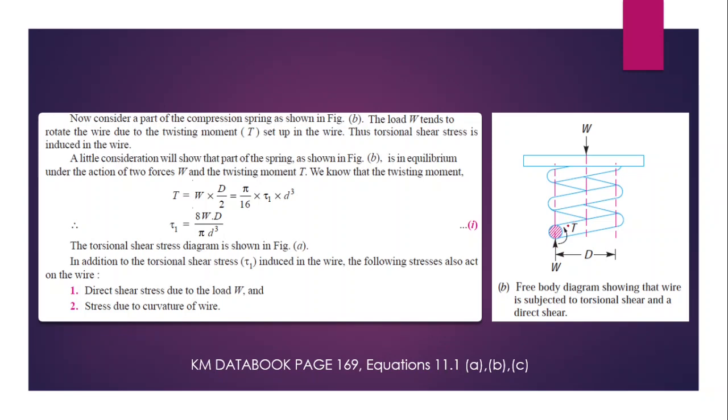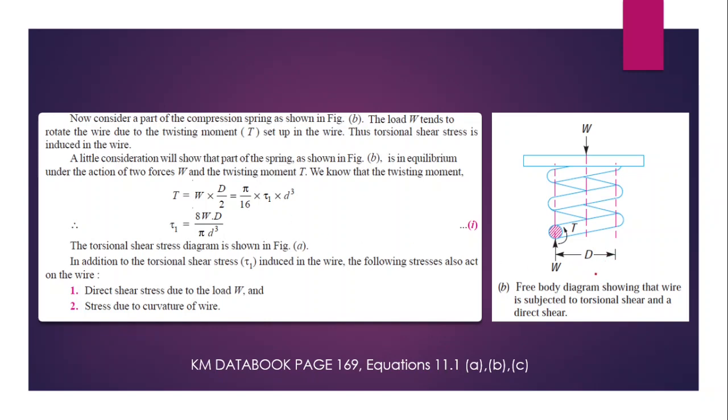Twisting moment developed in the spring wire is equal to W into D by 2, where D by 2 means the radius of this coil.